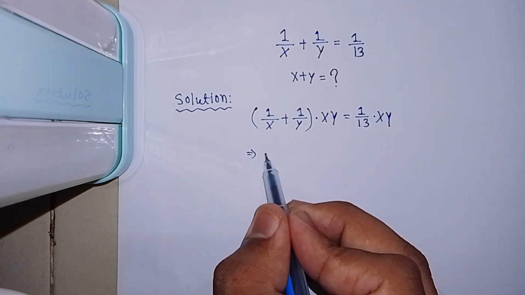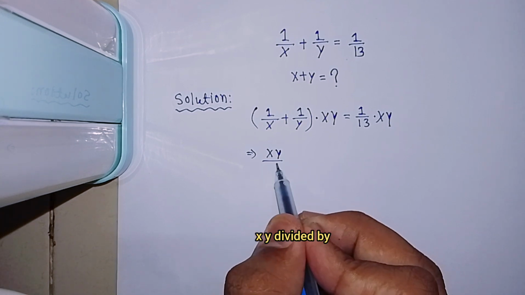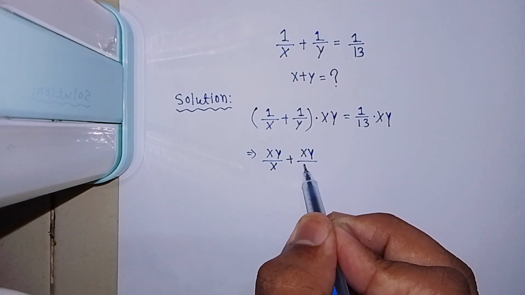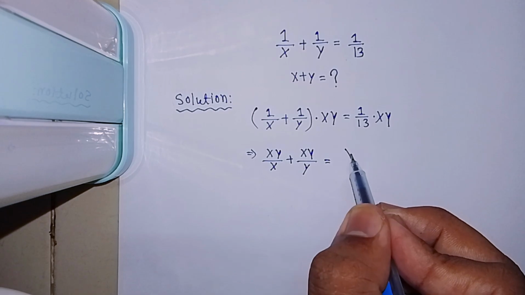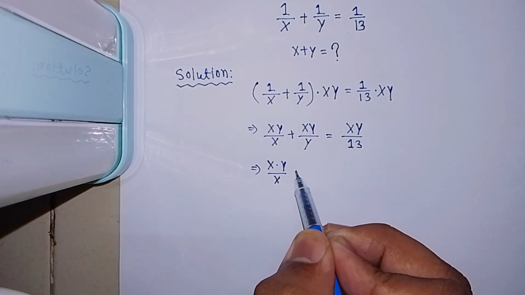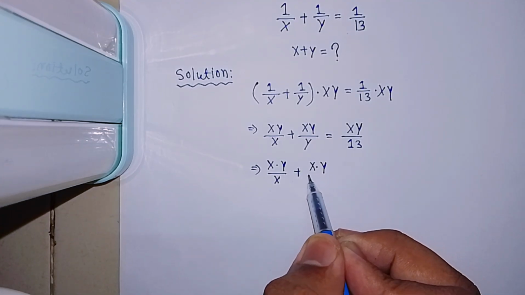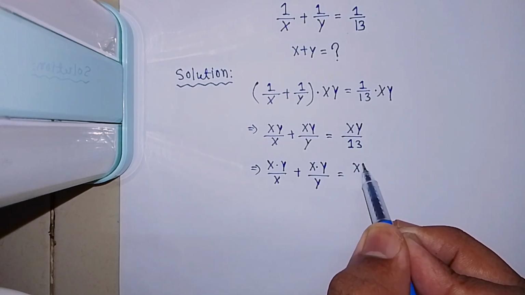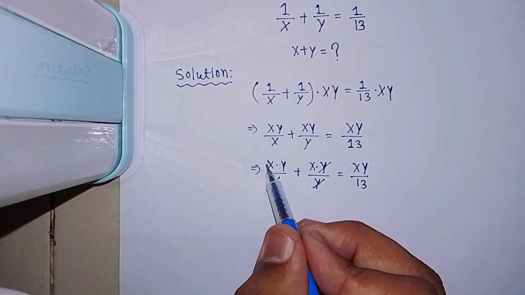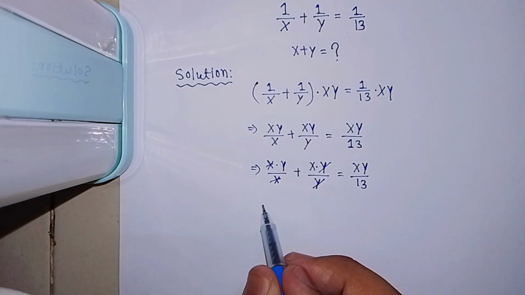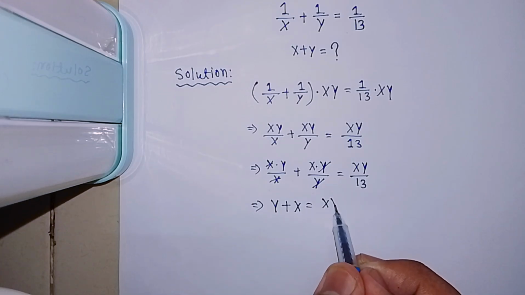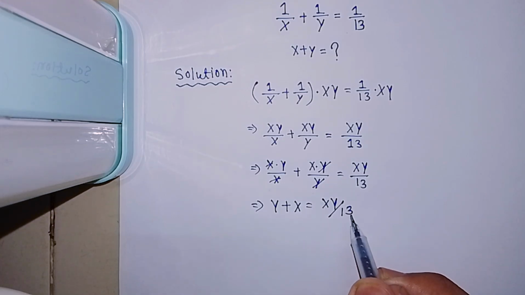Then we can get xy/x + xy/y equal xy/13, which is y + x equal xy/13, because the y and y cancel out and the x and x cancel out.